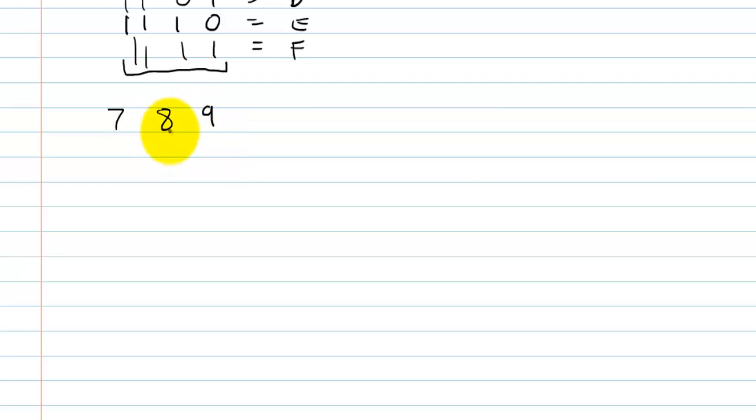So if we're going to convert this, this is base 16, into binary, well, 7 is just 0111. 8 is just 1000. And 9 is represented by 1001. And that's in base 16.